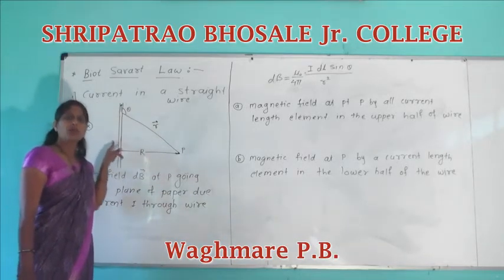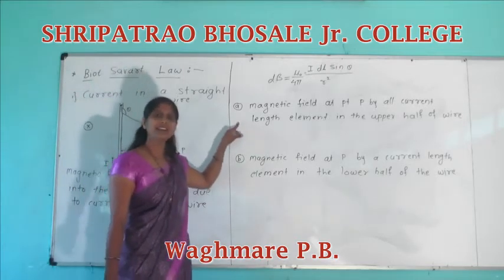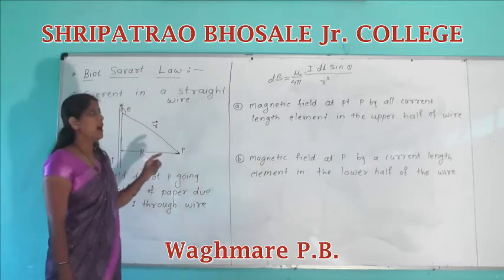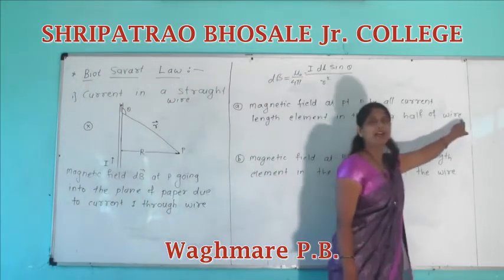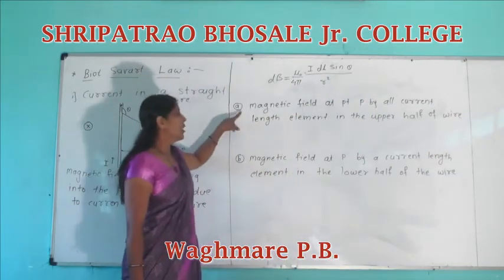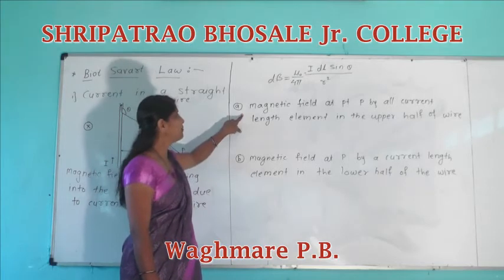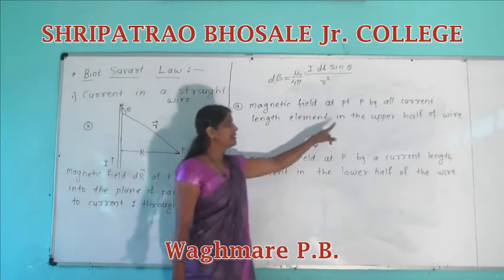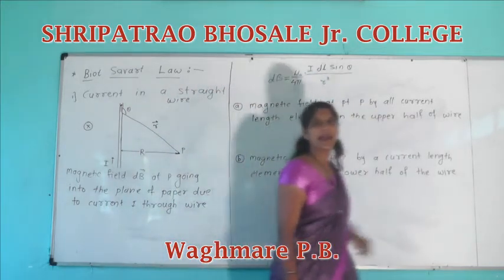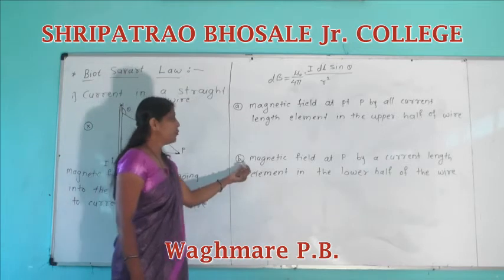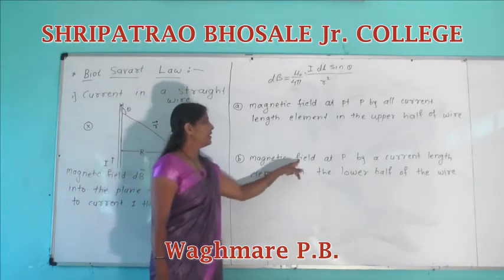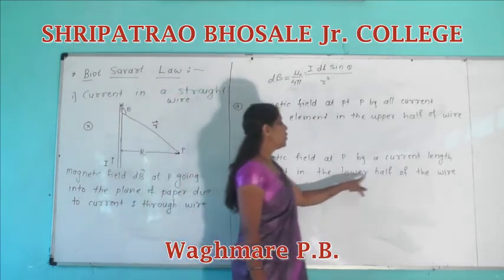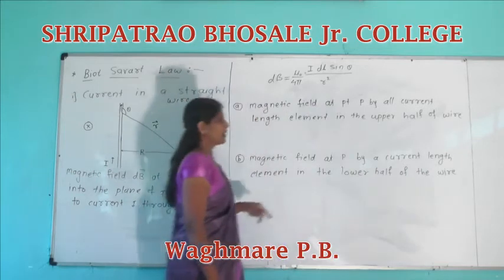At first, we will consider the upper half part of the wire. We take the magnitude of the magnetic field at point P by the current length elements in the upper half of the wire, and second, the magnetic field at P by the current length elements in the lower half of the wire.